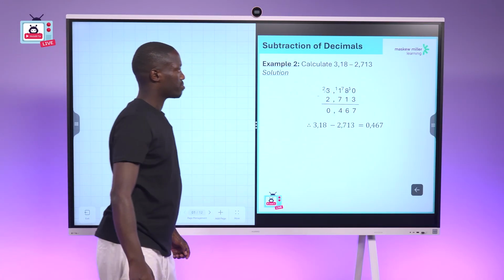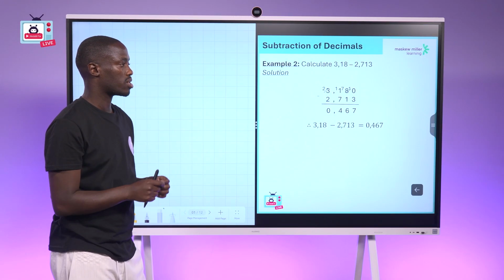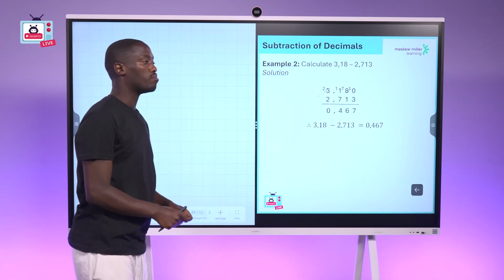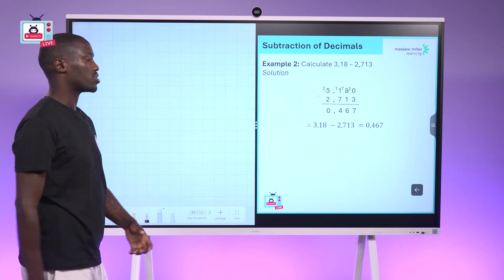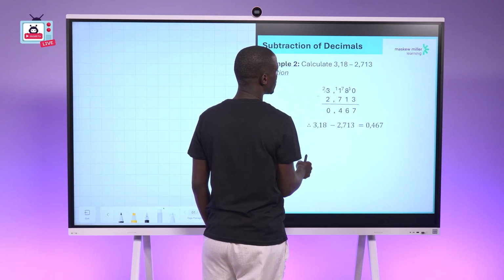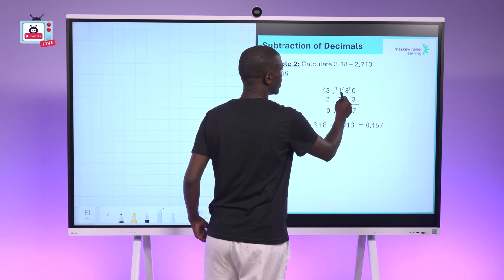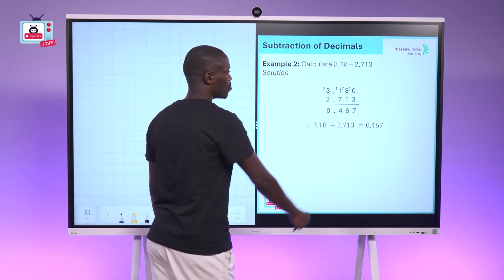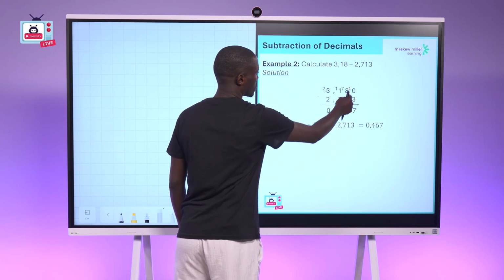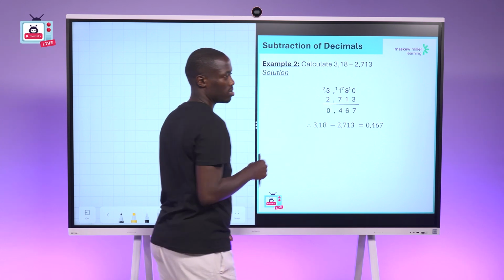Here's another one. This one now deals with subtraction. We again need to have the same number of decimal places. If there's a deficiency in the decimal places, we extend it by putting another 0. Here I have 3,18 minus 2,713. Again, we subtract the thousandths. It's 0 minus 3.